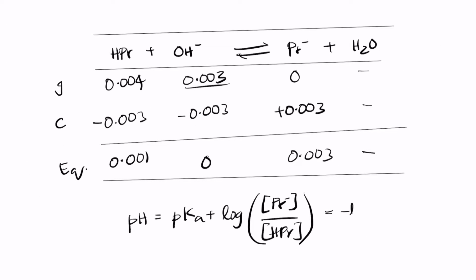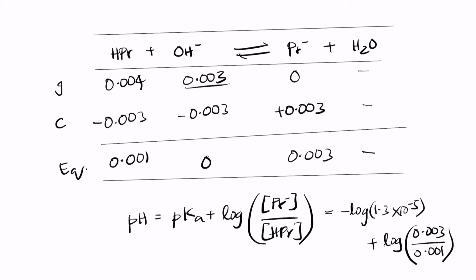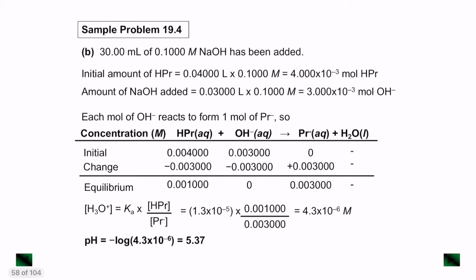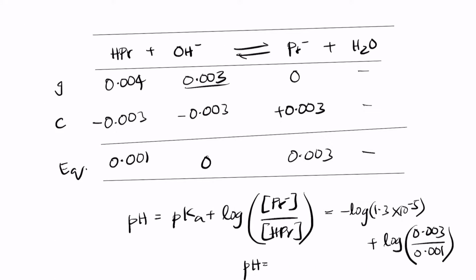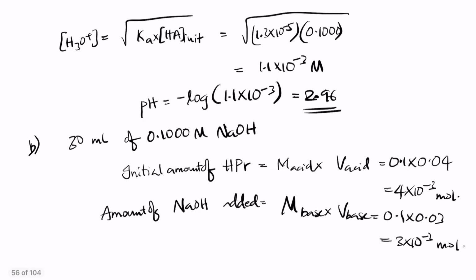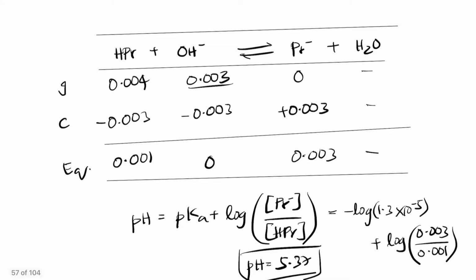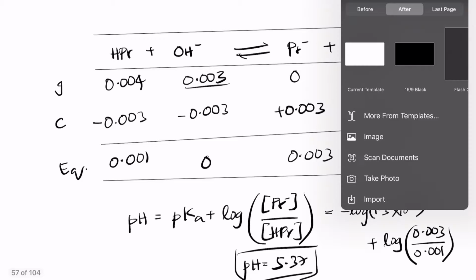So it is negative log of 1.3 times 10 to the power negative 5 plus log of Pr minus, 0.003, over 0.001. When calculated, the pH value should be 5.37. So notice that initially the pH was 2.96. When you add 30 mL of base, you achieve a pH value of 5.37.